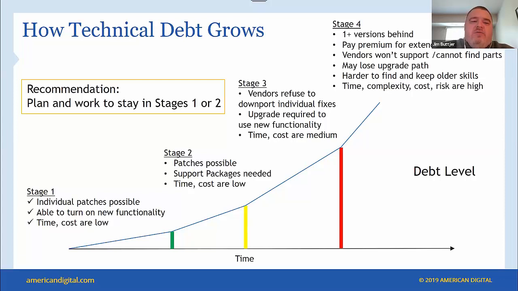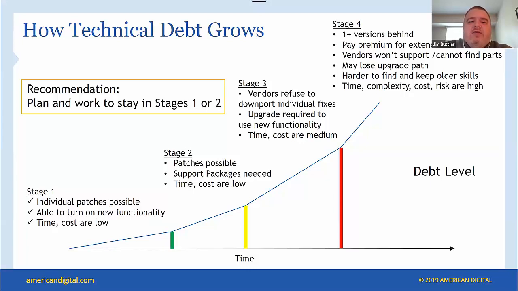In SAP land, that would be like applying a note to fix a problem. It doesn't require a project, just a little bit of elbow grease and some changes to be promoted, and it's done. Now, you move into stage two, and in an SAP world, the support packages, for instance, are released about every quarter or so, about 3 times a year for ECC.